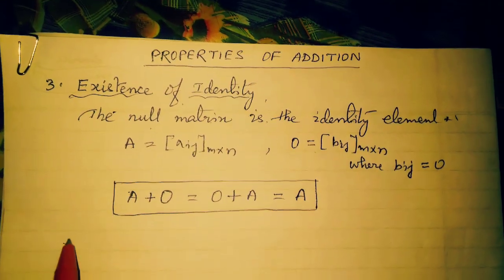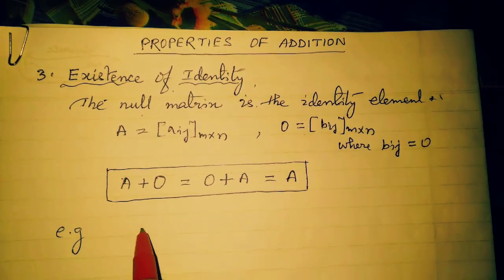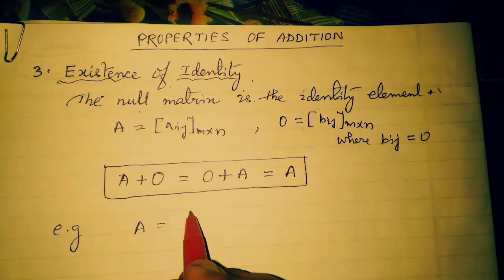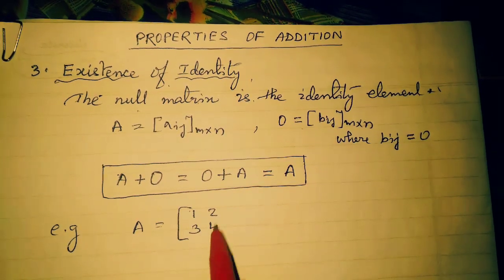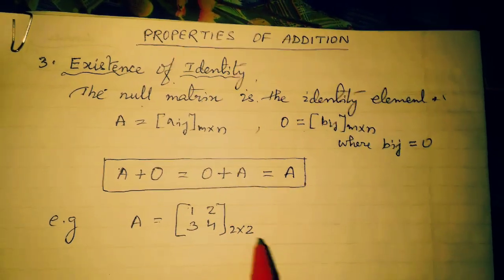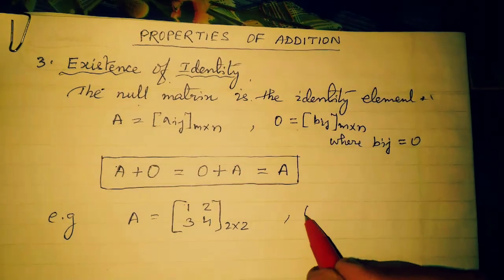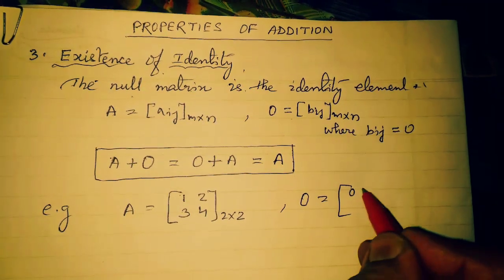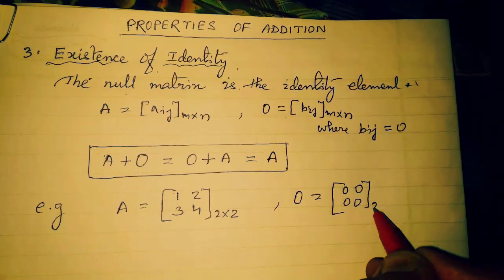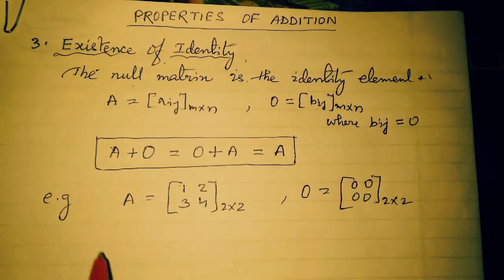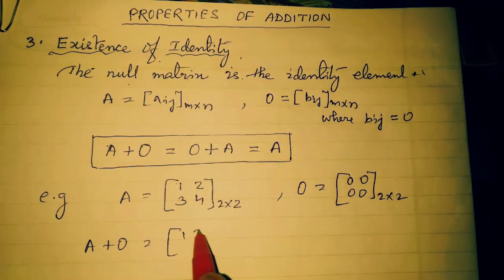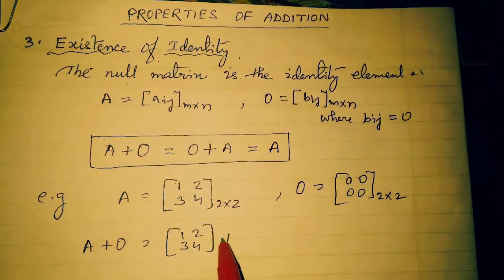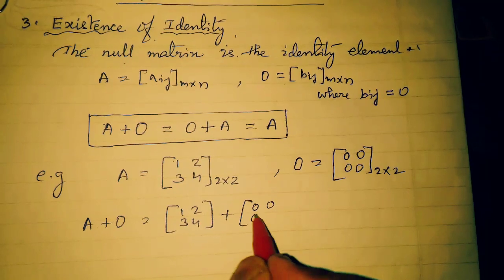If I give you an example, suppose the matrix A is 1, 2, 3 and 4, a 2 into 2 order matrix, and the null matrix O is 0, 0, 0, 0, also a 2 into 2 order matrix. If we add A plus O, we get 1, 2, 3, 4 added with 0, 0, 0, 0.